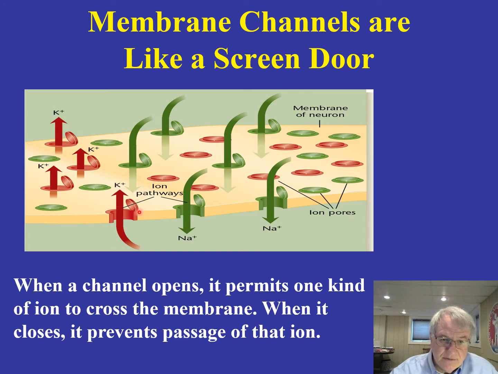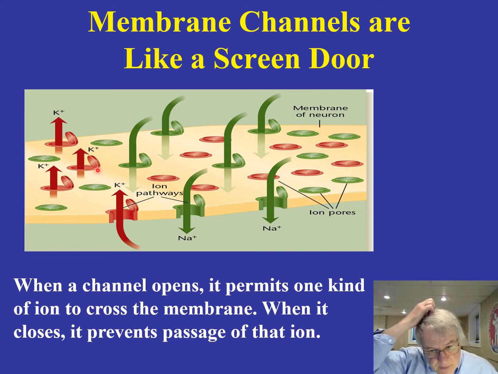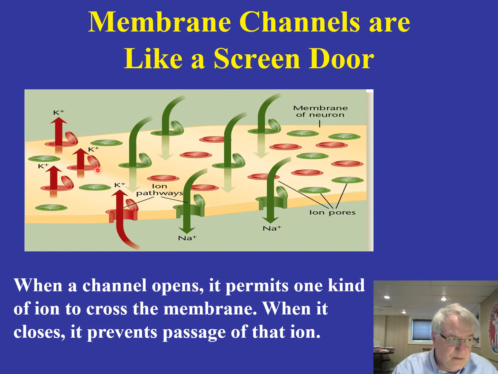These are these channels. Here you can see this is a potassium channel that's closed. Here is a sodium channel that's open. Sodium is going to be allowed to come into the cell. Here is a sodium channel that is closed that you see right here, so no sodium can come in. So again, when a channel opens up, it's going to permit its respective ion by way of that active transport system.